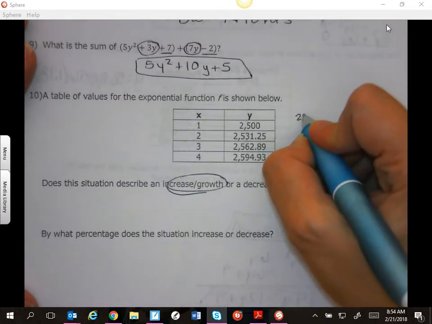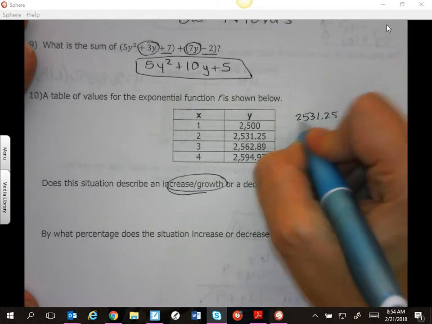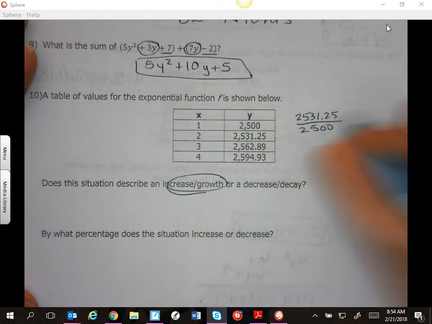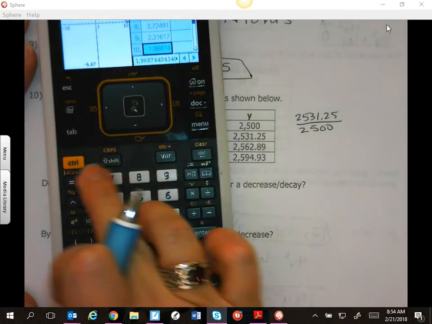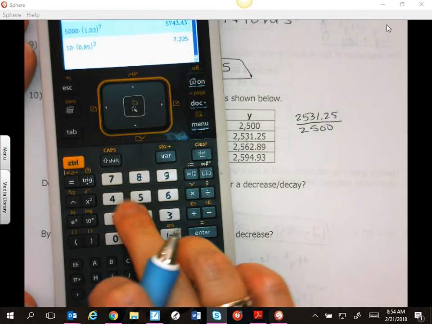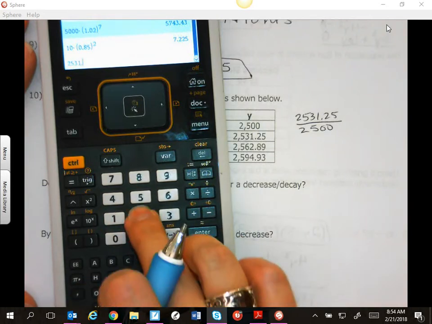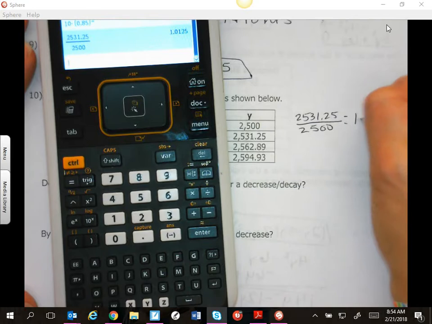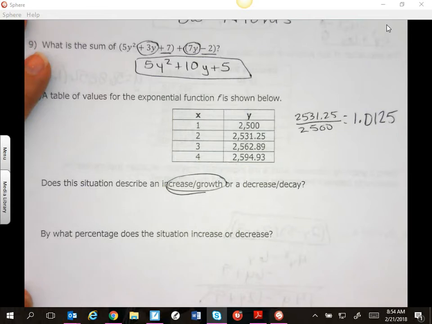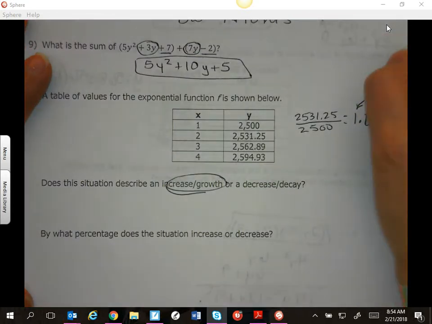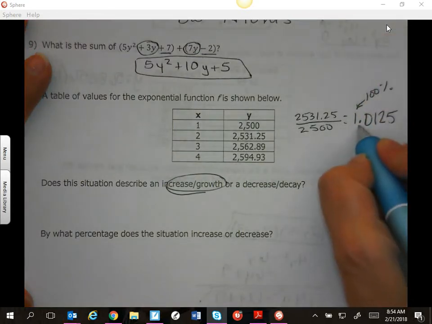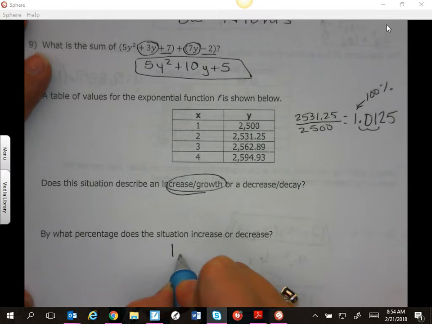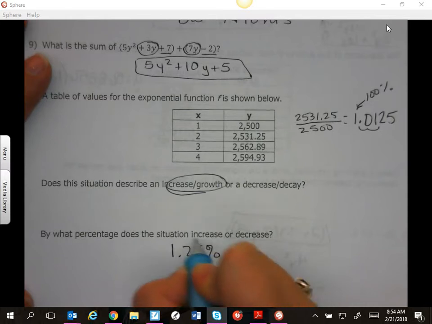So we're going to say 2531.25 divided by 2500, and it has a rate of 1.0125. Now remember, because it's an increase, this is our 100%. So we're just going to go 1, 2. So it was a 1.25% increase.